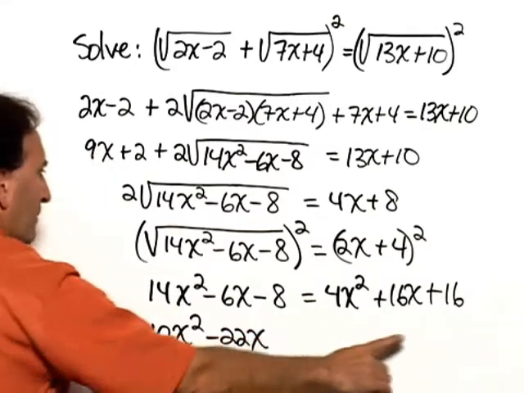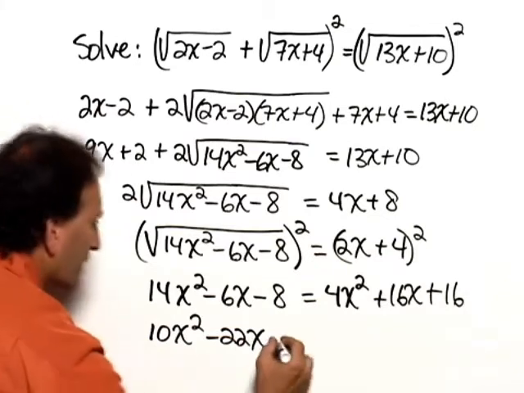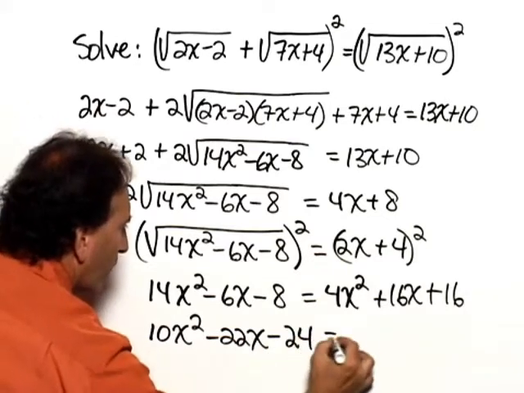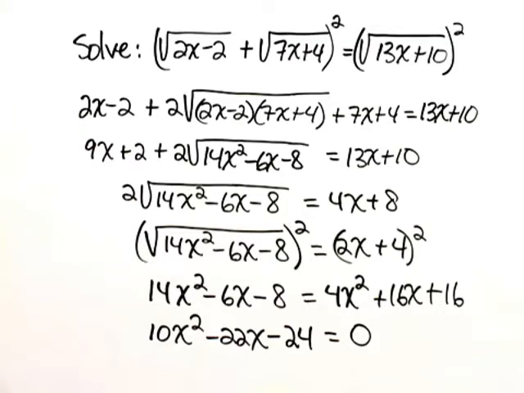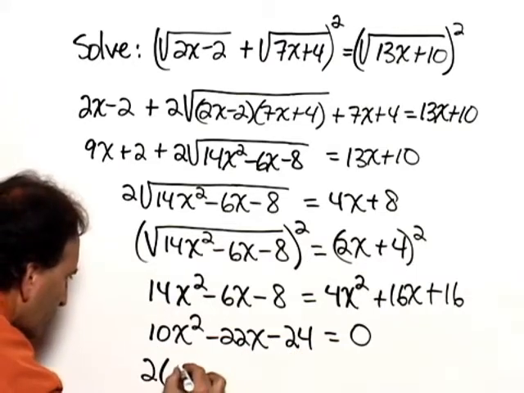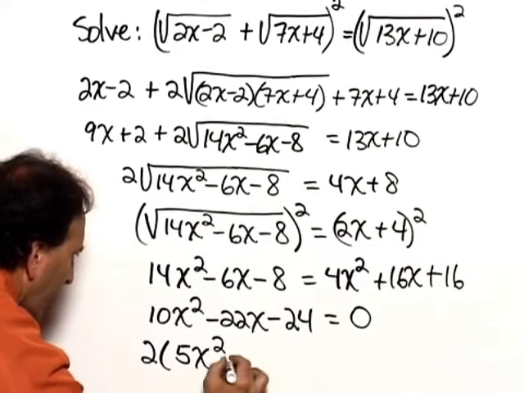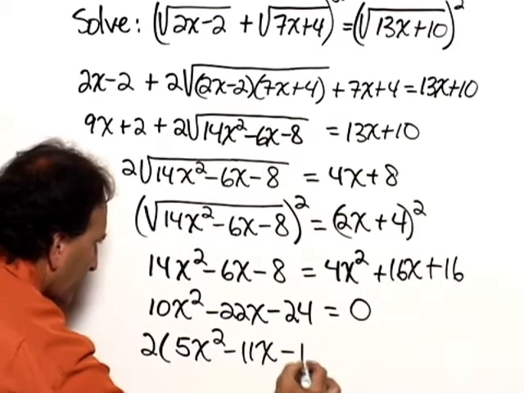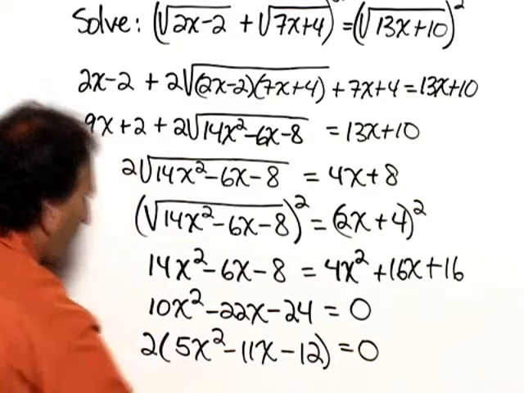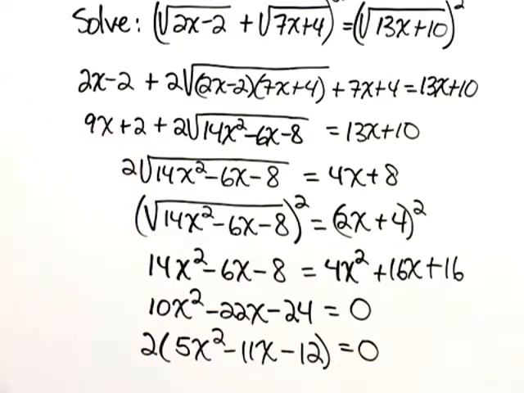Negative 8 minus 16 is minus 24. And of course, on the right-hand side, we have the result of 0. We can begin to factor by factoring out a common factor of 2. That's 2 times 5x squared minus 11x minus 12 is equal to 0.